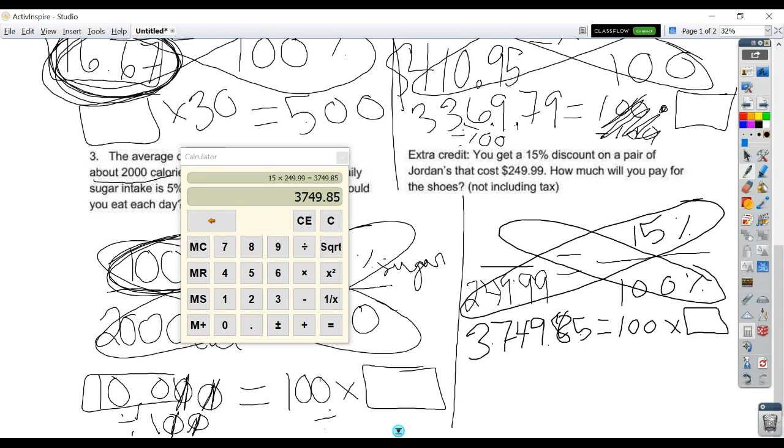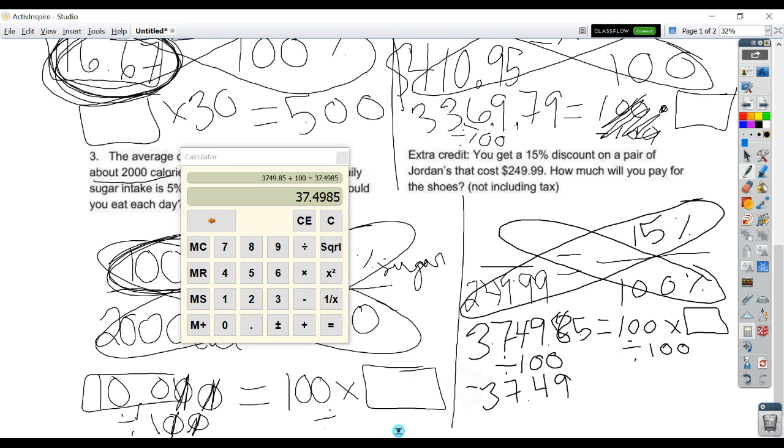So then to solve this, we do the opposite because we don't know the part of a multiplication problem. So we divide by 100. Divide by 100. So I'm going to hit divide by 100. And that gives me $37.49, or 50 cents if you rounded.